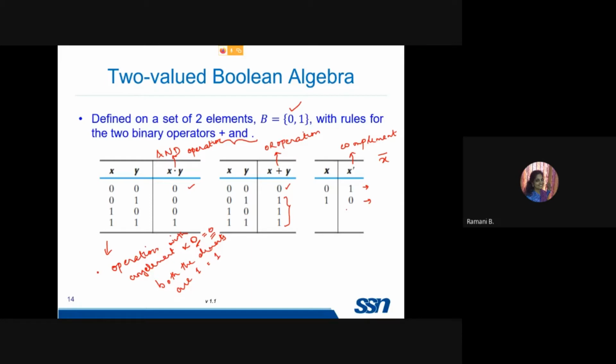We will be using these symbols alternately, either a prime symbol like this, or a bar over the variable. So this is the basic operation with respect to this two-valued Boolean algebra. The complement operation we also call the NOT operation. We will see all of these in the logic gates.